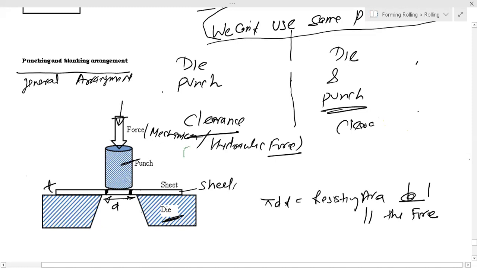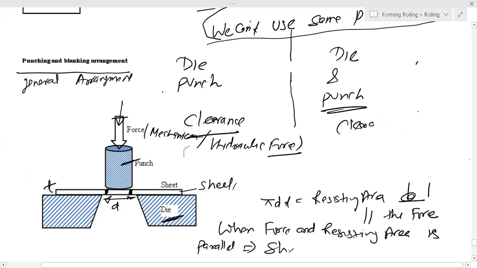And whenever there is a force and the resisting area is parallel, shear stress is developed. So this is a general arrangement of a punching or blanking operation.